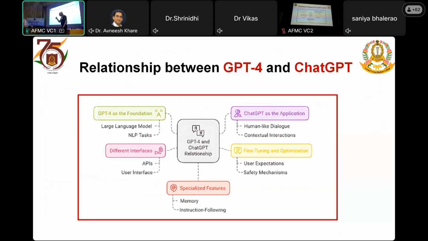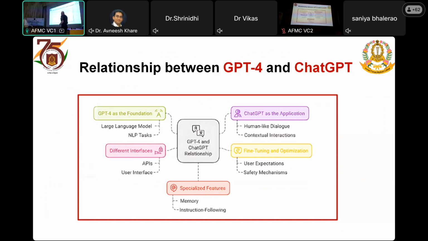Now, what is the relationship between GPT-4 and ChatGPT? I was a little confused. So I asked ChatGPT, what's your relationship between you and GPT-4? It gave me a textual summary of how it works. I copied that summary and pasted it into another AI model, Napkin AI, which is pre-trained at making infographics from text.